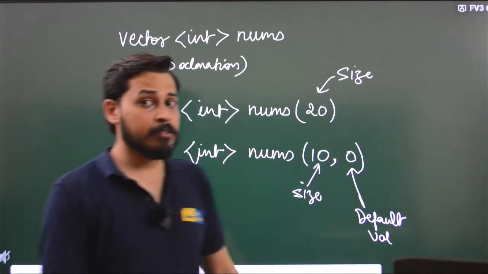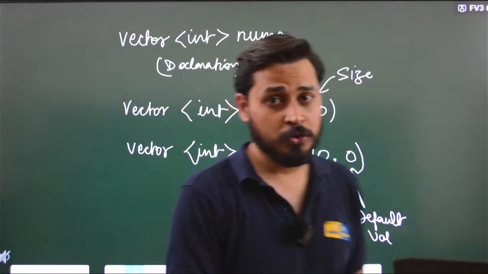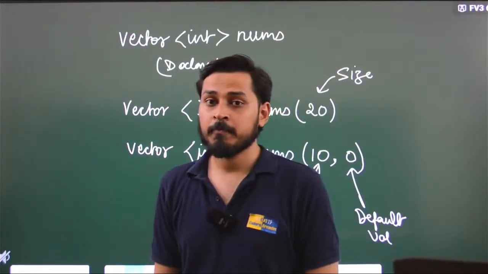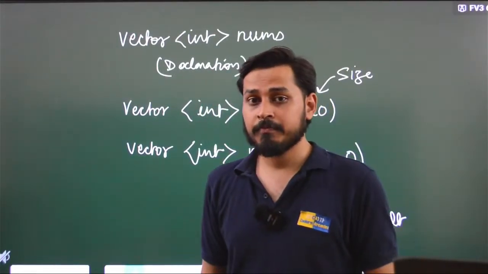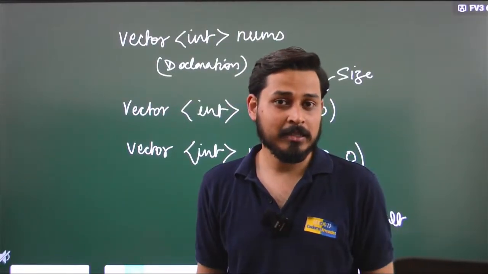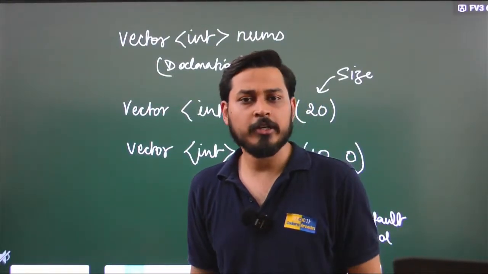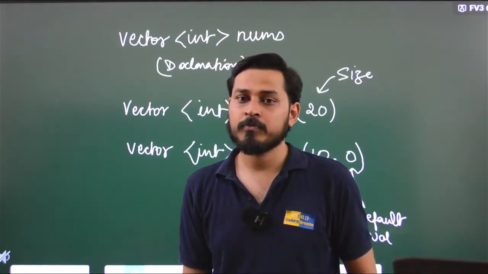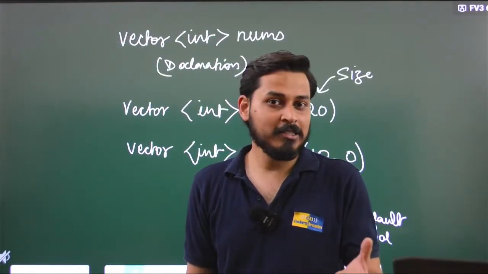Now you can ask one question here: sir, you told that after giving the size you can give the default value, but can I give a default value without giving a size? Well, I don't think you can, because if you want to give a default value, you should know the size.